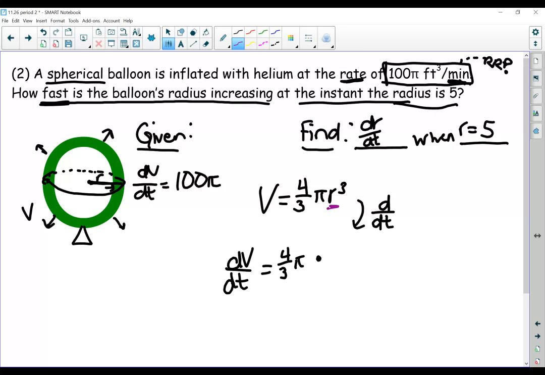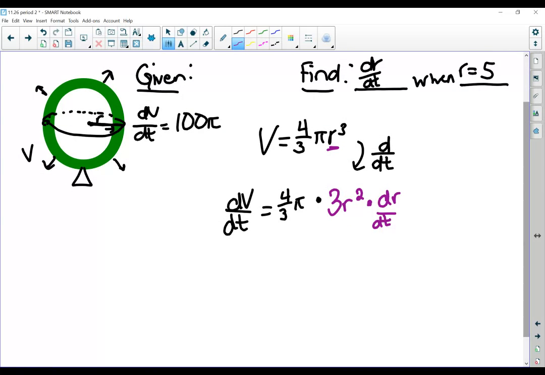So when I take the derivative of r cubed, I'm going to have to use the chain rule because r is a function and that function is being cubed. So I'm going to bring the 3 down and make it r squared times the derivative of the inside, which, if r is a function of time, would be dr/dt. Okay, so in this relationship, we're not treating volume as a function of radius.